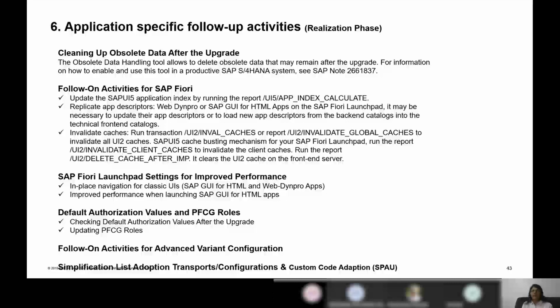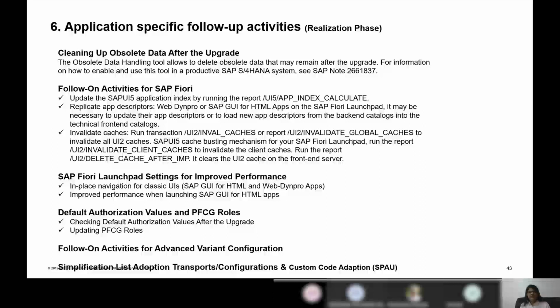If we have changed any configuration during the period between the development, quality, and production, because this entire project can take anything like 2 months to 6 months, so any delta changes which you have done in the development which were not carried forward to the production, those transports you can take within application-specific activities.